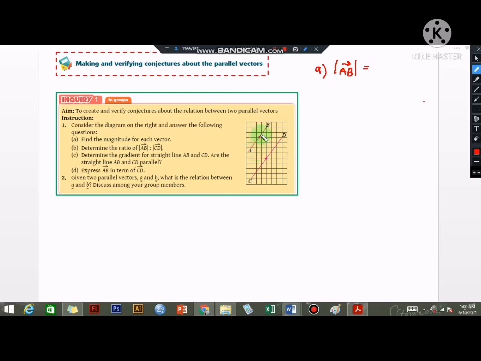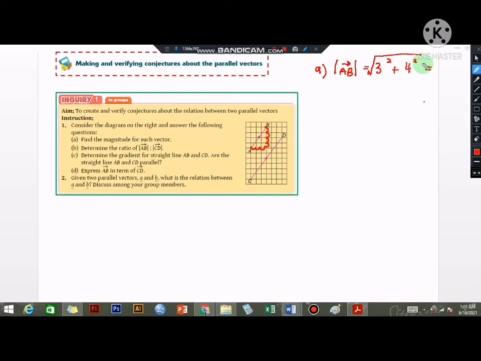So 1, 2, the magnitude. You need to find the magnitude, so you need to do the Pythagoras Theorem. So 1, 2, 3. So 3 squared plus 1, 2, 3, 4, 4 squared, and then square root.